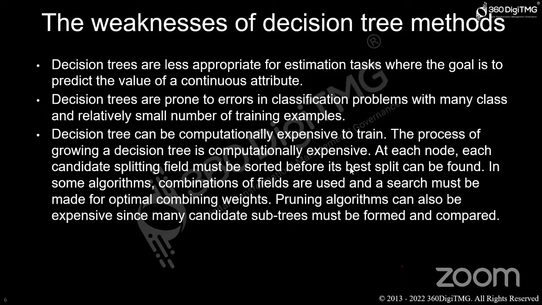Now, if it has strengths, then it is quite obvious that it will have some weaknesses also, and we should be aware of them. As a data scientist, we should be aware of all these things. Decision trees are less appropriate for estimation tasks, where the goal is to predict the value of continuous attributes.